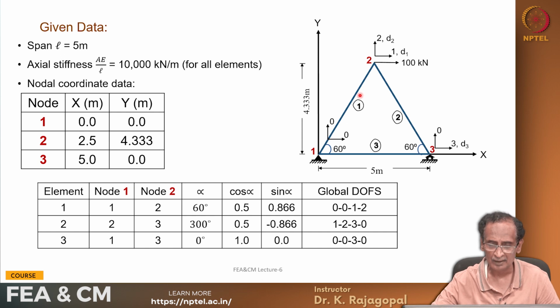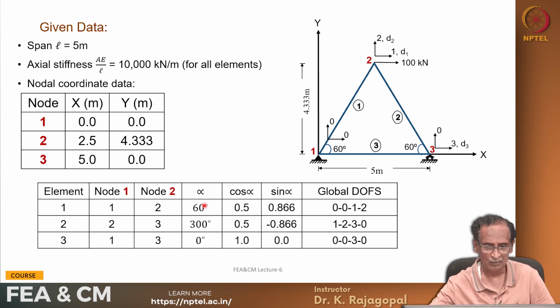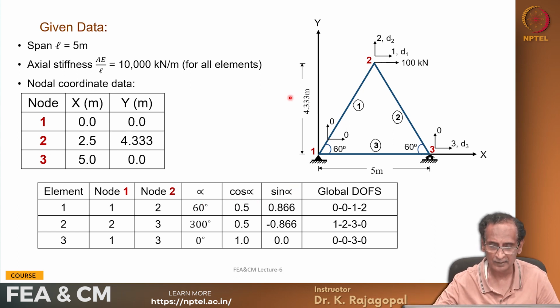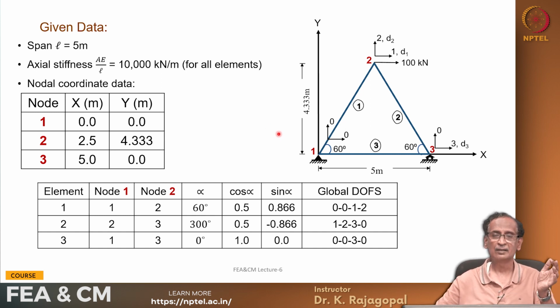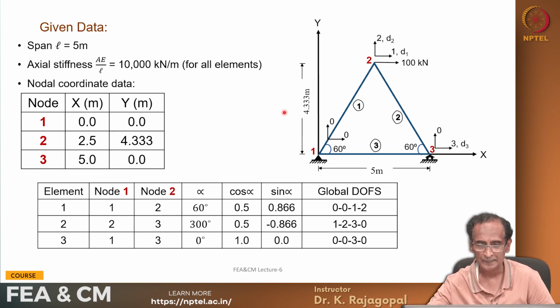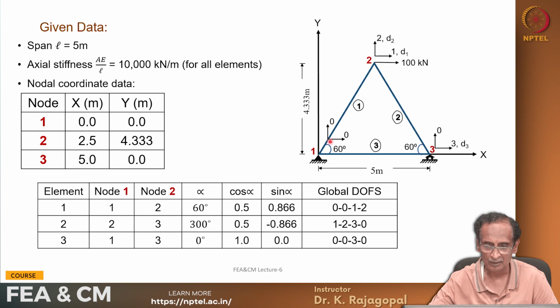For these 3 elements, we have 3 different alphas depending on their orientation, and then we have this cosine alpha and sine alpha. And unlike the previous case, let us not number the fixed degrees of freedom. Let us assign 0 to the fixed degrees of freedom. At node 1, both x and y direction displacements are constrained, so 0, 0.